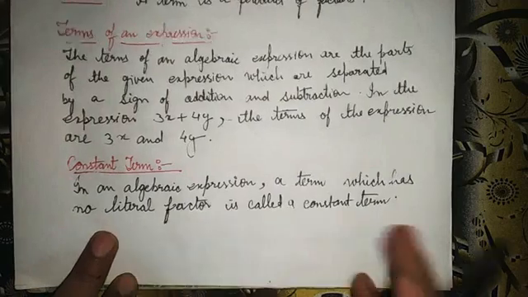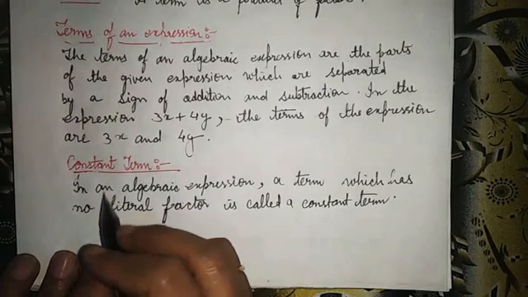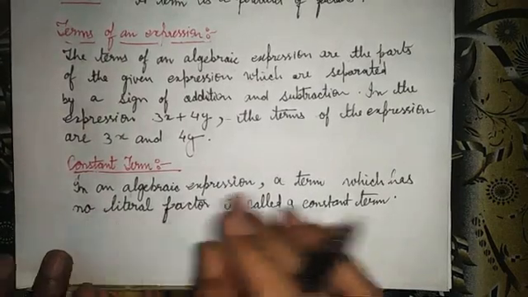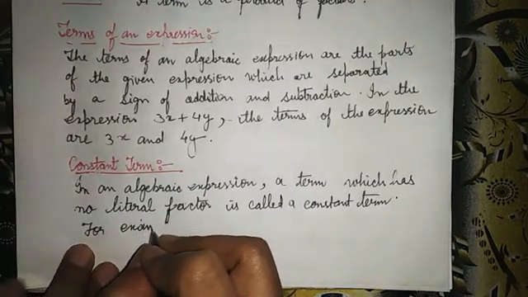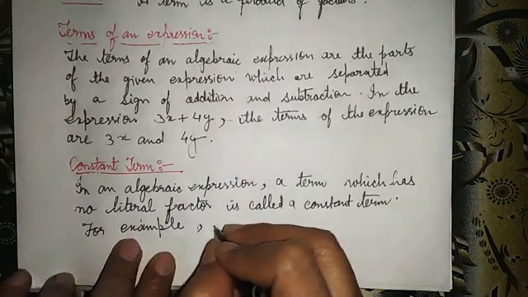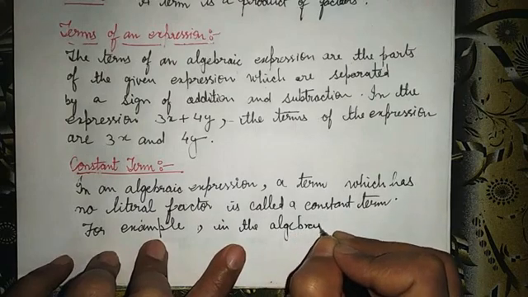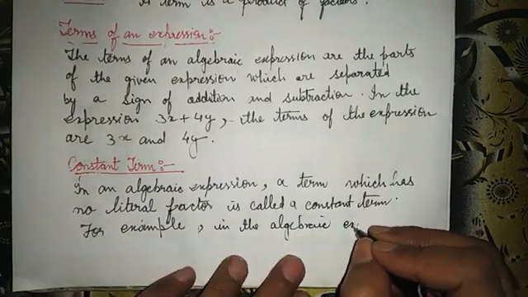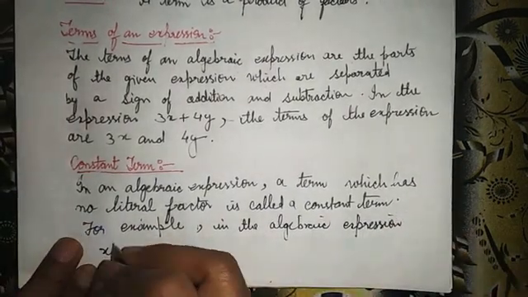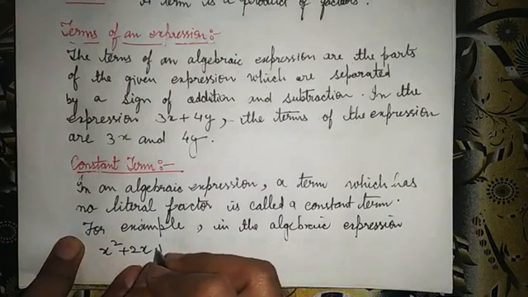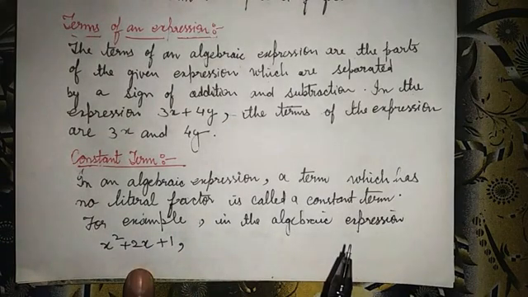So I am going to give you an example for a constant term also. For example, in the algebraic expression x square plus 2x plus 1, children, can you tell me what is constant here?